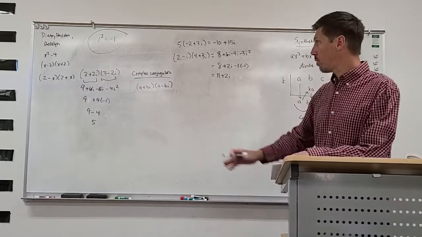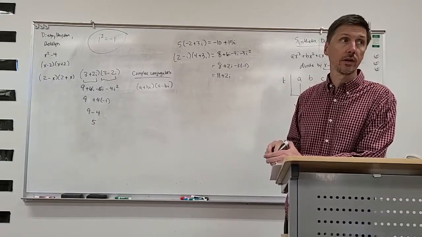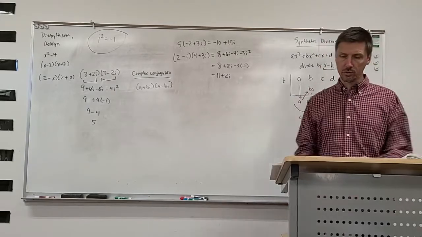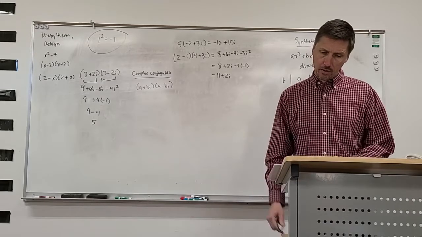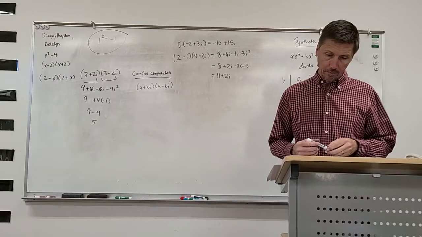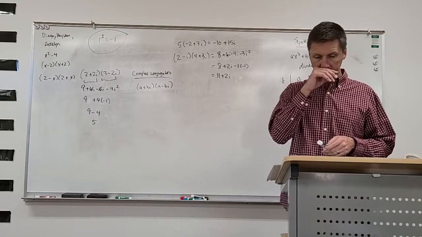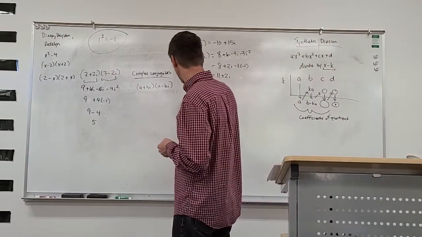The reason this is important is because it gives us a way to get rid of that i term, to get rid of the imaginary number. It's what we use whenever we're doing division problems. So I'm just going to show you an example real quick.